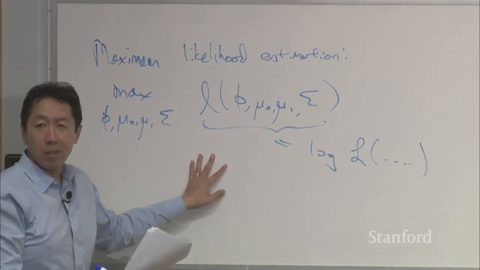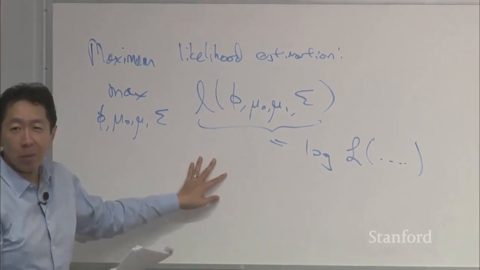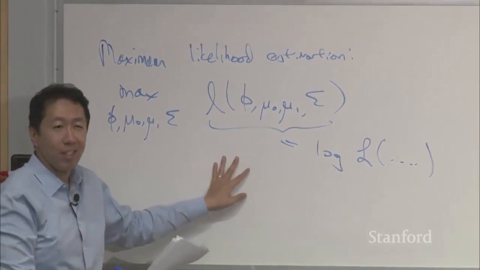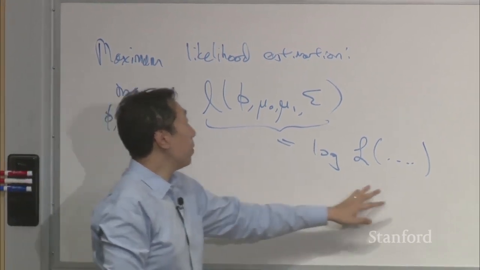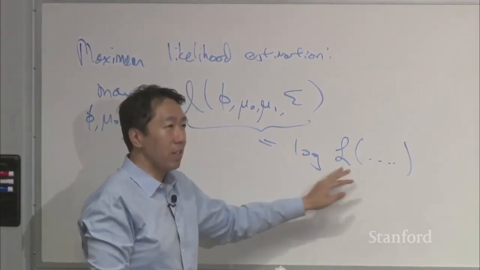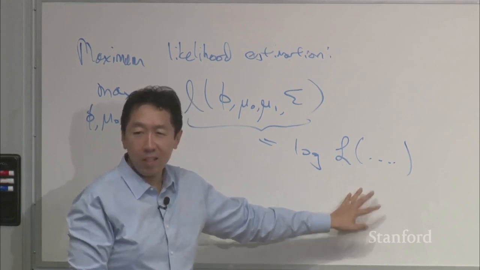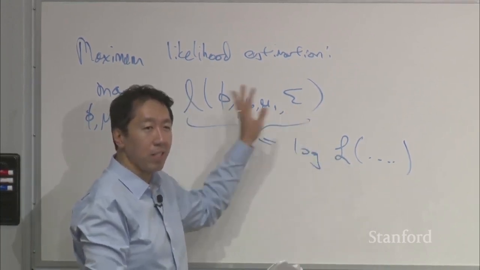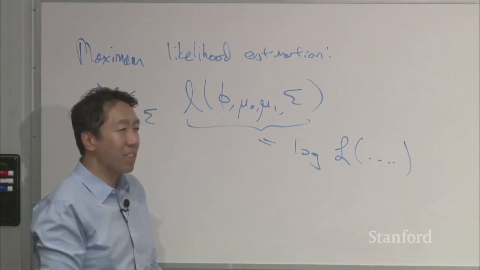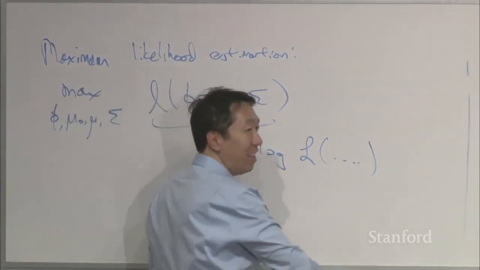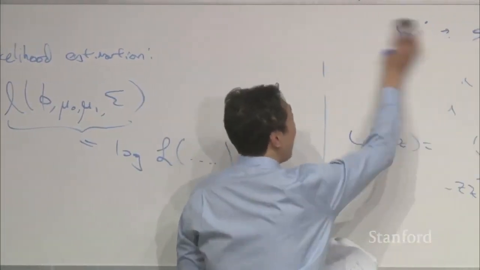We actually ask you to do this as a problem set in the next homework. The way you maximize this is to look at that formula for the likelihood, take logs, take derivatives, set the derivatives equal to 0, and then solve for the values of the parameters that maximize this whole thing. I'll just tell you the answers you're supposed to get, but you still have to do the derivation.